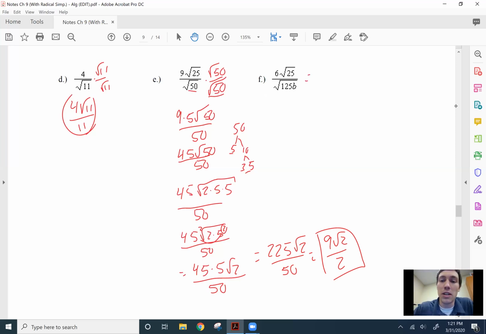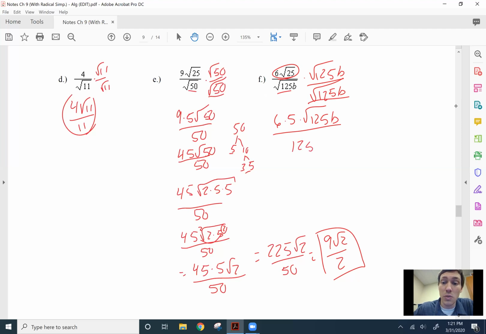Last one up here, this is going to be 6 times 5. Let's multiply top and bottom by root 125b. So again, when I do that, I'm going to write this as 6 times 5, all over root 125b times root 125b, which is just 125b.